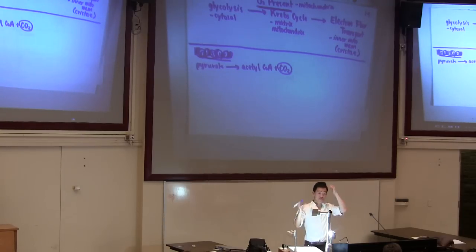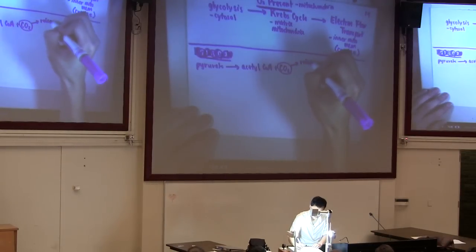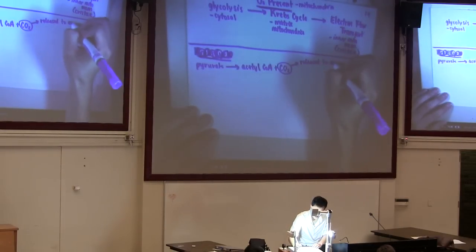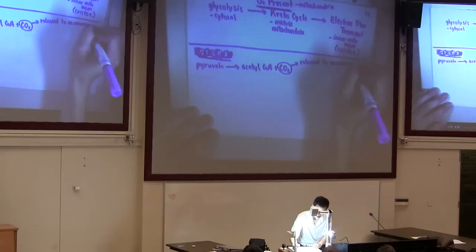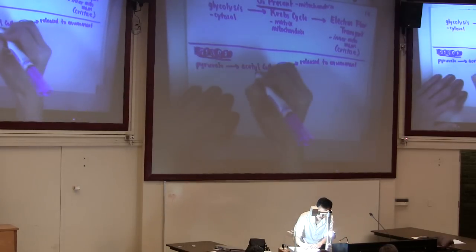So again, if you're thinking in terms of the global carbon cycle, the CO2 from the Krebs cycle adds carbon dioxide to the atmosphere. The Calvin cycle in photosynthesis removes carbon from the atmosphere. So these are two opposite processes. That's released to the environment. Okay? So acetyl-CoA can now enter.